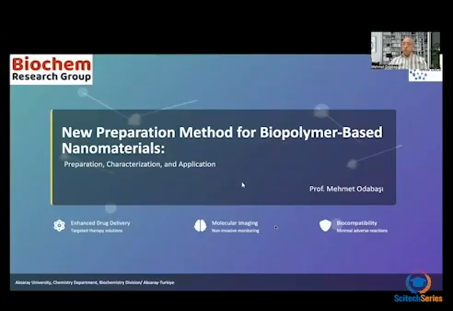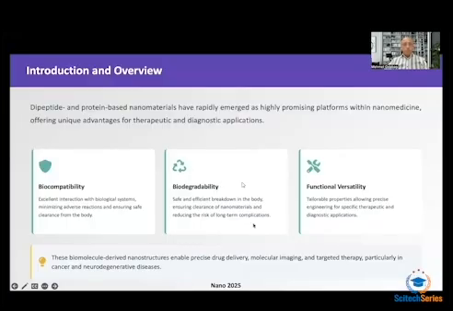Recent works as examples, and their preparation, characterization, and applications in the biomedical field. Biomaterial-based nanoparticles such as dipeptides, proteins, and polysaccharides are increasingly used for nanomaterial synthesis because they are biodegradable, biocompatible, and non-toxic.